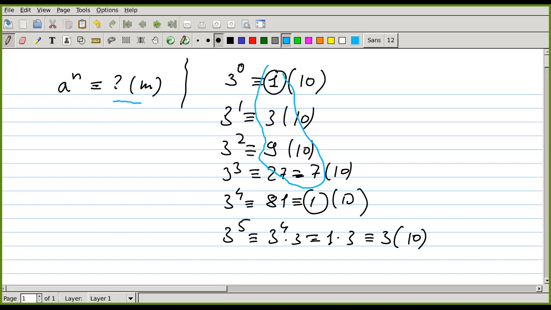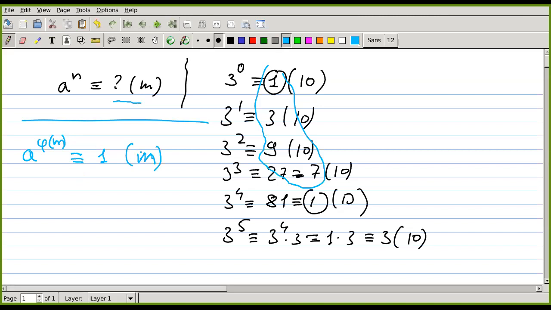We will have something like that: a to the power phi of m, where phi of m is some function of m, will be congruent to 1 modulo m, so we will have a cycle of length at most phi of m.